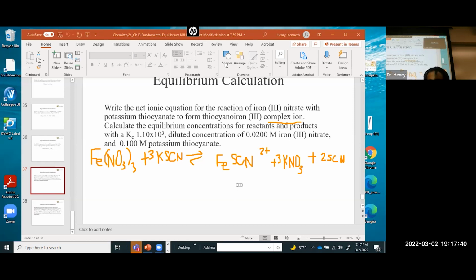So if we do the net ionic equation, these guys are going to cancel each other out, so the only thing that we're going to have left is this, right?